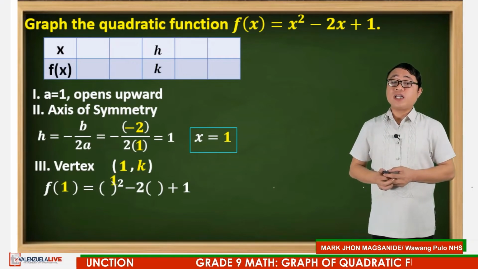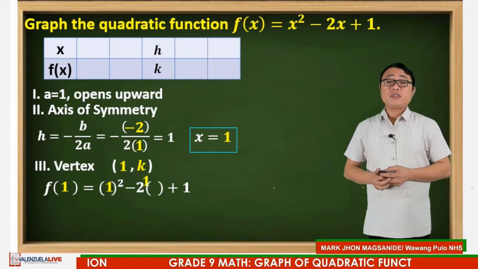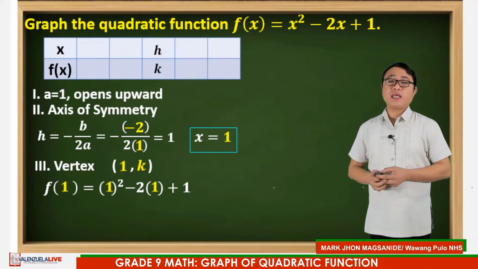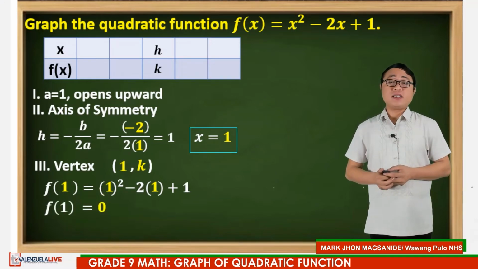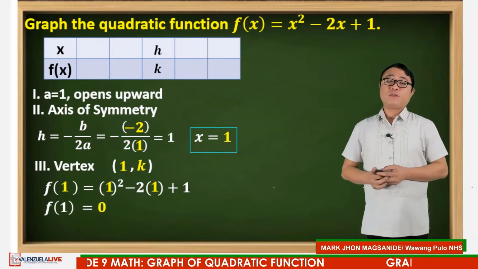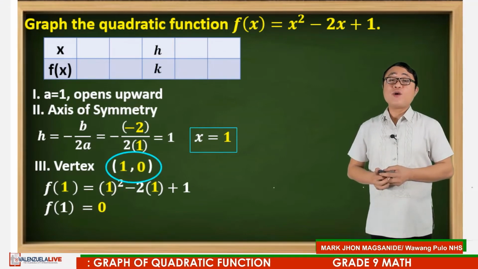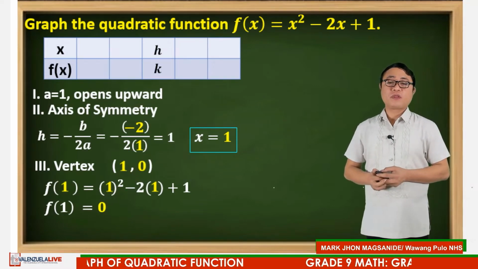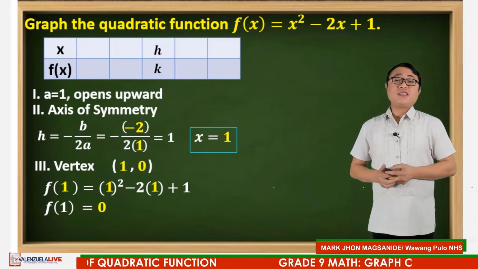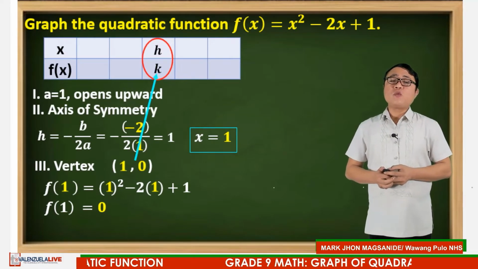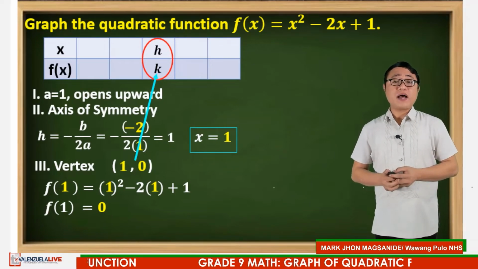Thus, f of 1 is equal to square of 1 minus 2 times 1 plus 1. Hence, f of 1 is equal to 0. Therefore, the vertex is 1 and 0. (1, 0) is the vertex of the parabola and is one of the points that lies in the parabola.